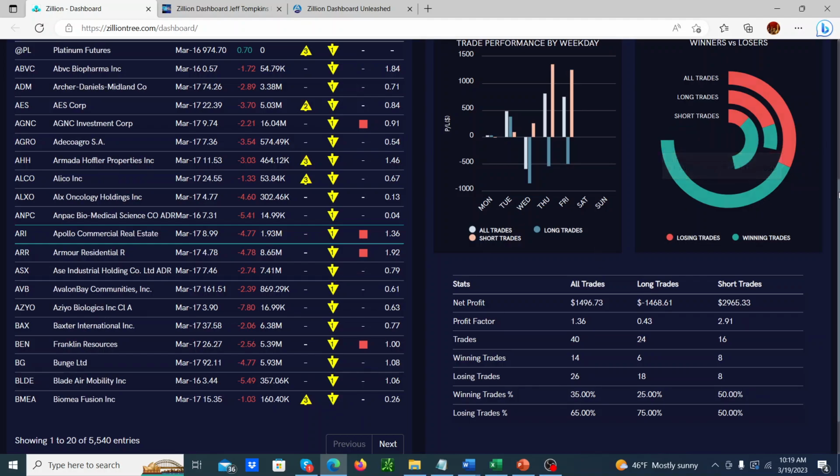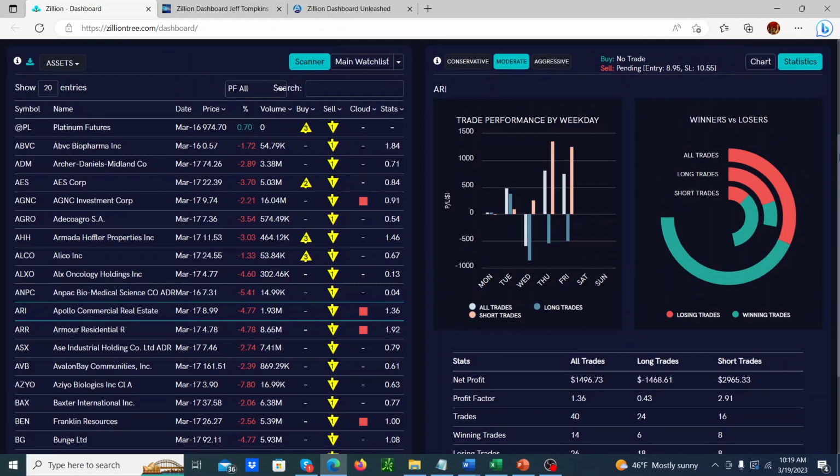And so that would start to say, well, this could be a really nice one to trade, right? So we are in a weak sector, we're in a weak market, we have one that has a good profit factor, we've got a pre-signal that's still in play, and we have a ticker which backtested over 40 trades has produced a really nice net profit on the short trades, and you can see this kind of visually broken down here as well.